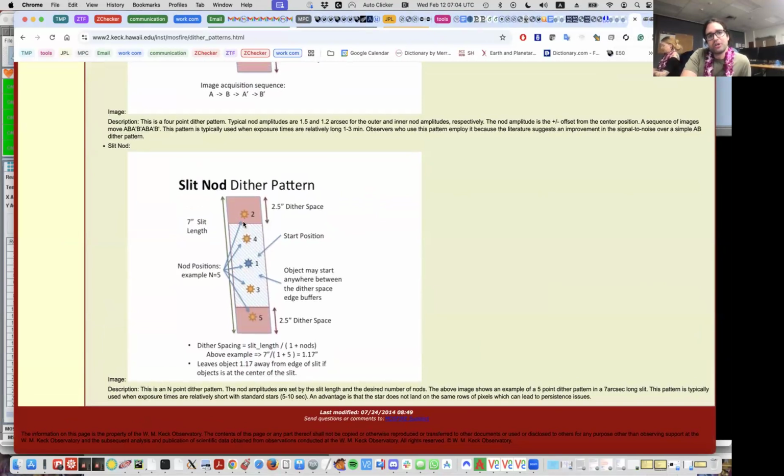The first exposure is going to be right here in the middle, but it's going to go up. The second exposure is going to be 3.4 arc seconds north of that, or greater in the y direction than that. And then the third exposure is going to be exactly opposite of that, 1.7 arc seconds below that, and then it's going to go to 4.